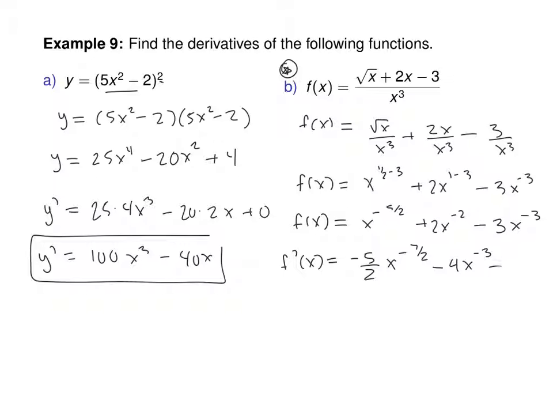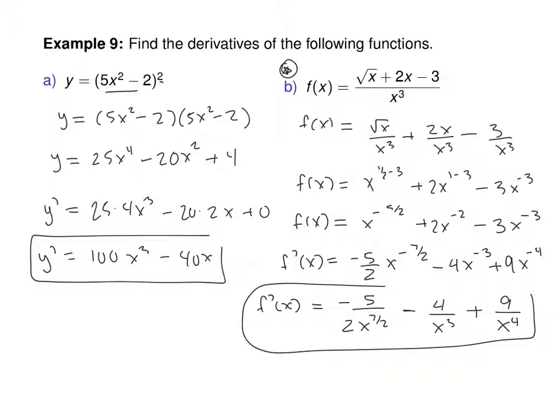The next one will be plus 9x to the negative 4. Does that make sense? So that's negative 5 over 2x to the 7 halves minus 4 over x cubed plus 9 over x to the 4th. We'll stop there for now.